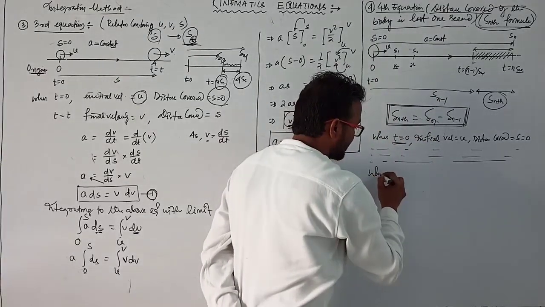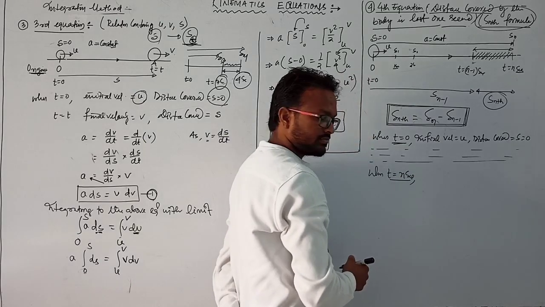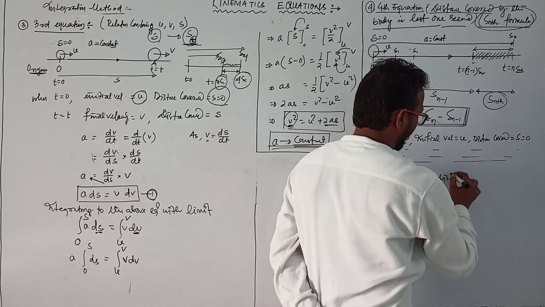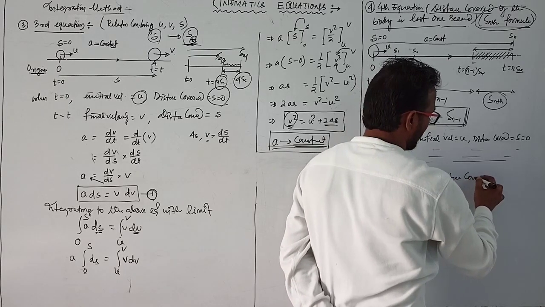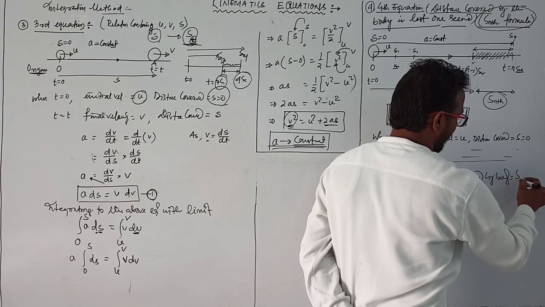And when time t equals n seconds, the distance covered by the body is Sn.